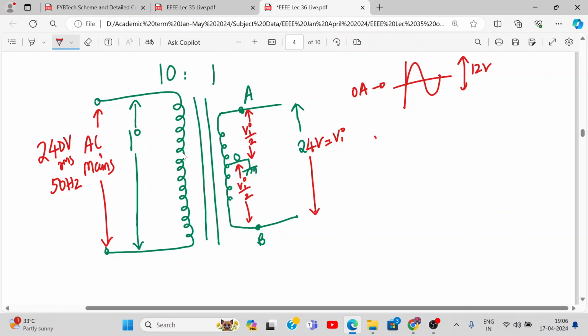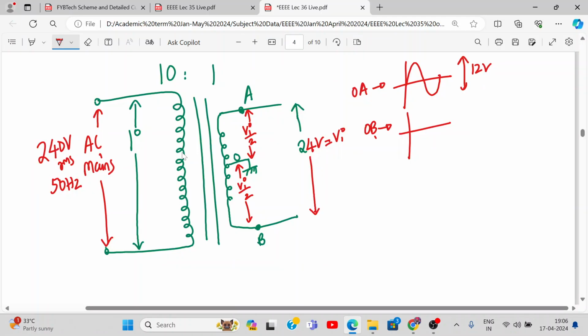Between O and B the waveform has the same amplitude but starts out of phase. Here it is like this. So this height is also 12 volt. Now did you get it? Yes or no?